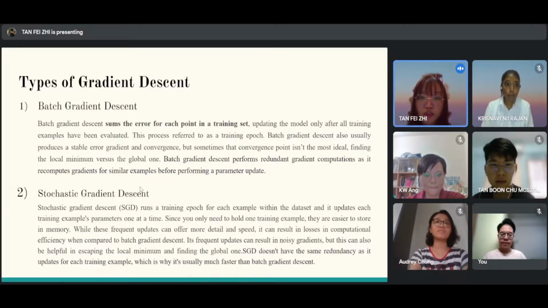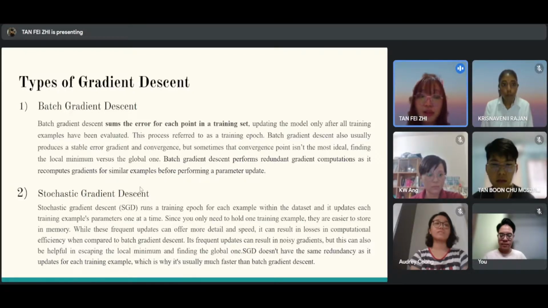This process is referred to as a training epoch. Like CNN, we have a few epochs. Batch gradient descent usually produces a stable error gradient and convergence, but sometimes that convergence point isn't the most ideal, finding the local minimum versus the global one. Batch gradient descent performs redundant gradient computation as it recomputes gradients for similar examples.